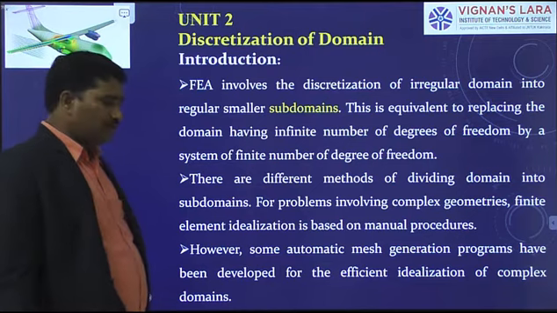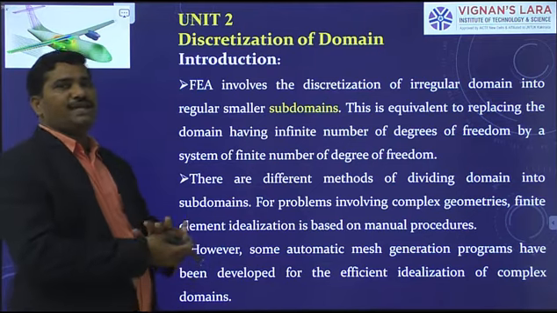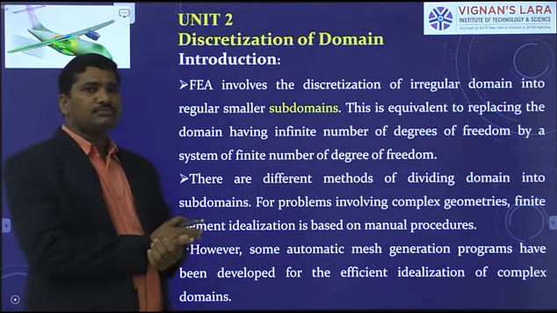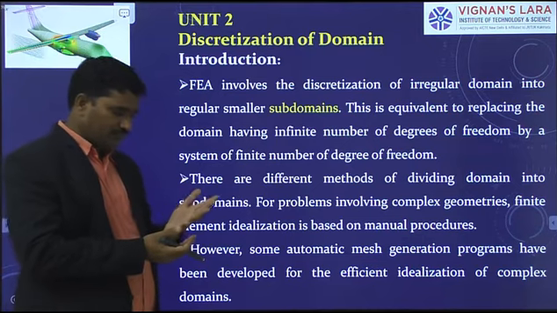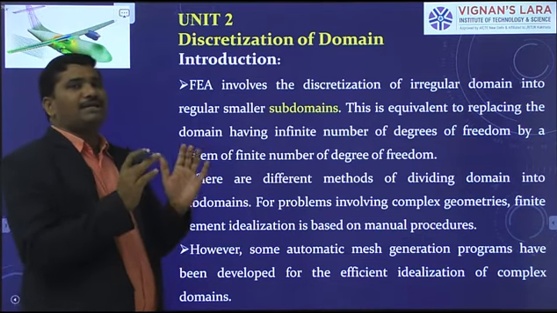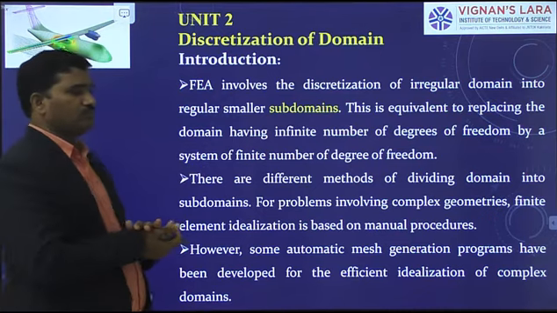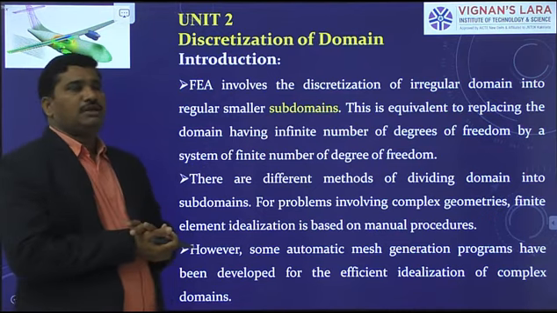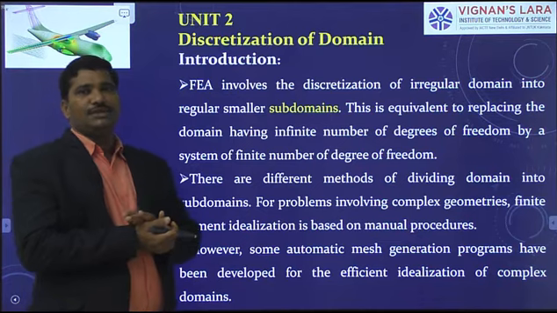Dear students, now we shall enter into the second chapter. It's unit number 2. What we learn in unit number 2, in fact, is finite element modeling: the discretization of the domain.